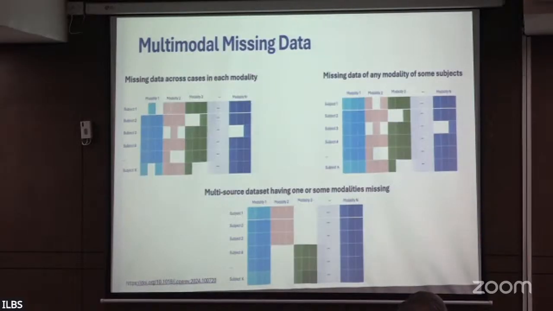For another idea, the missingness can be at multicentric level. Maybe one single modality is also missing. So in this lower example, for some centers, some data set may be available. Some other hospital may have a different modality.